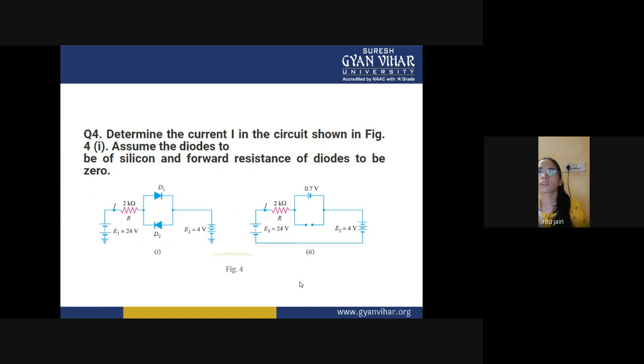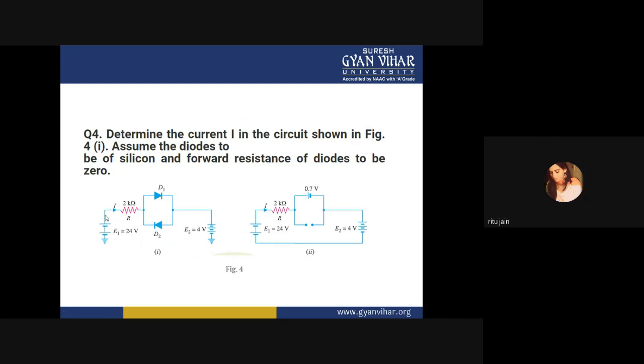So we are taking that the diode is made of silicon, which is a semiconductor material, so the forward resistance of the diode is 0, and there may be some voltage drop. Determine the current I in the circuit.